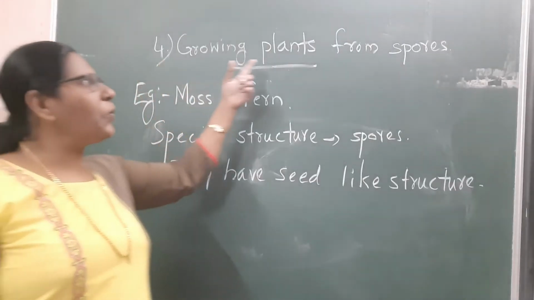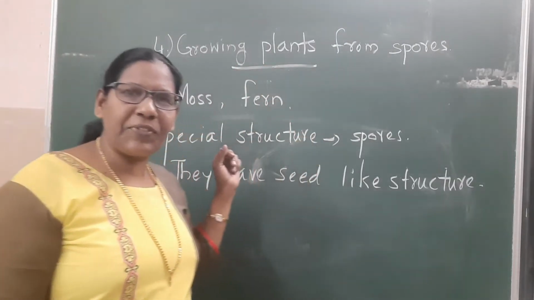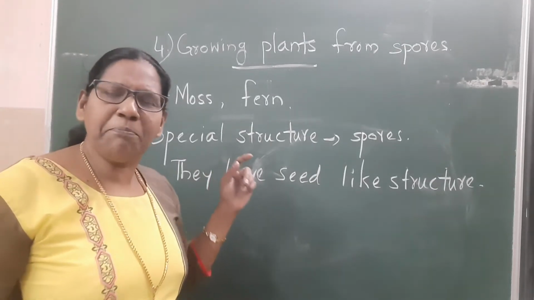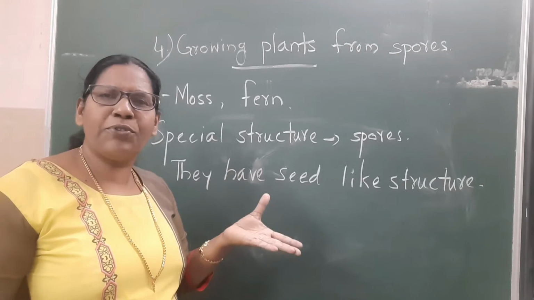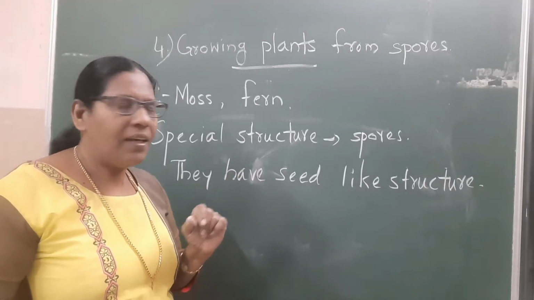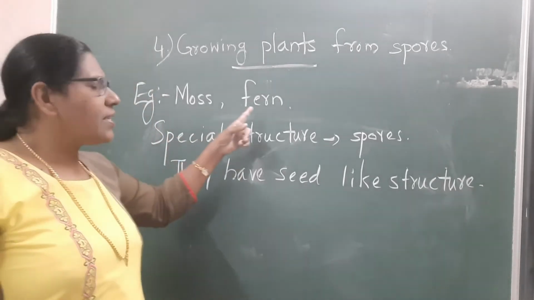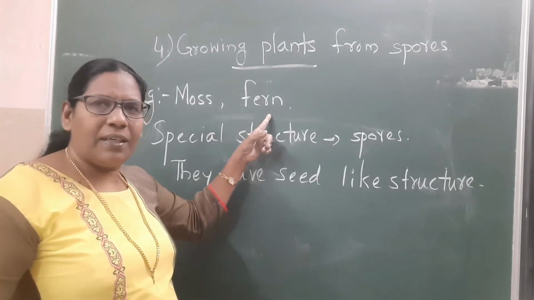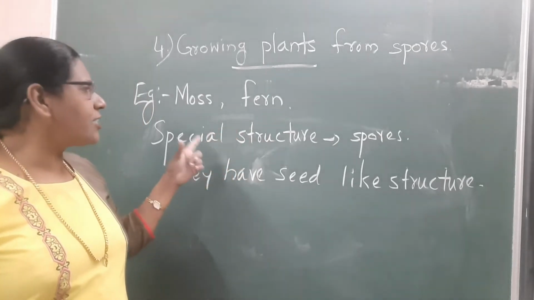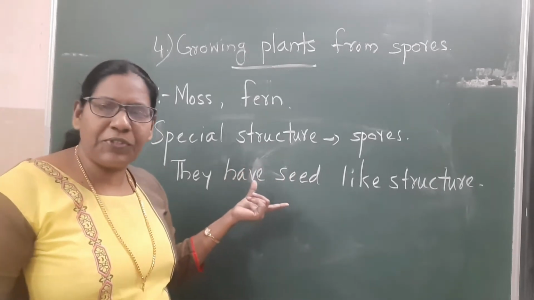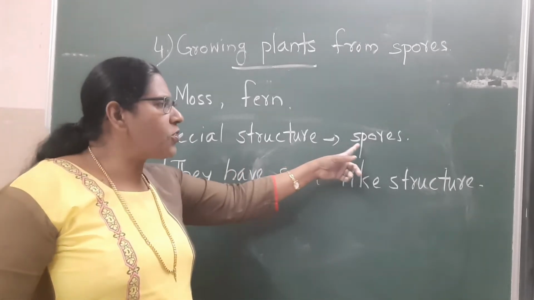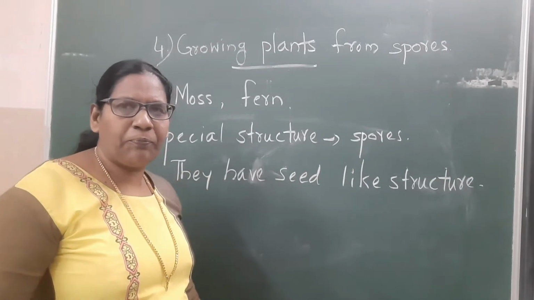Fourth one, growing plants from spores. There are some plants, they don't have flowers, fruits or seeds. Example, moss and fern. These plants have a special structure on their leaves that is called spores. From these spores, the new plants grow.